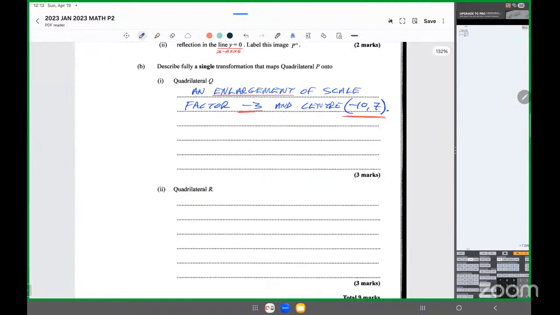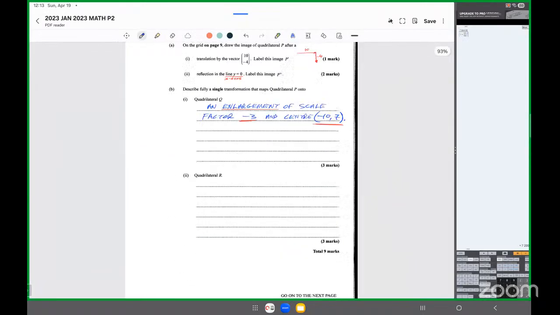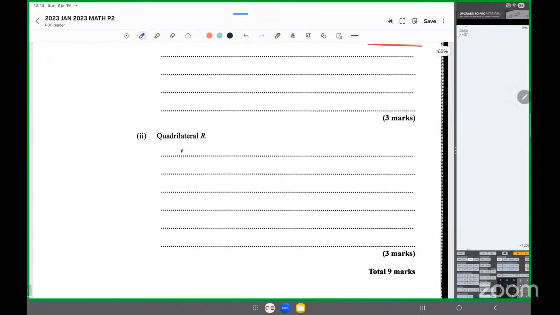So this becomes the anticlockwise, we said, right? So this is an anticlockwise 90-degree rotation about the point negative 4, 2.